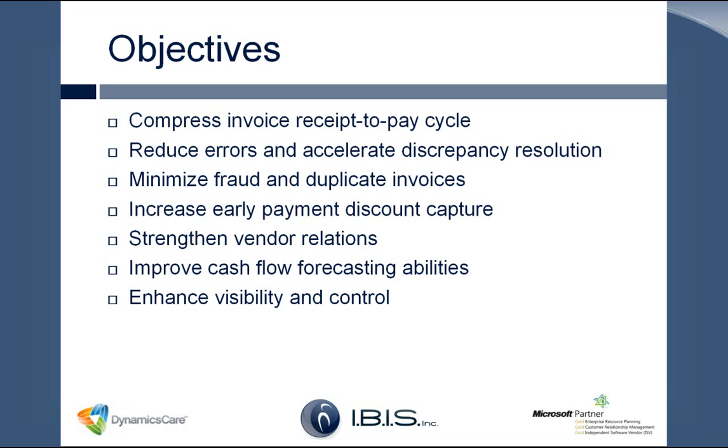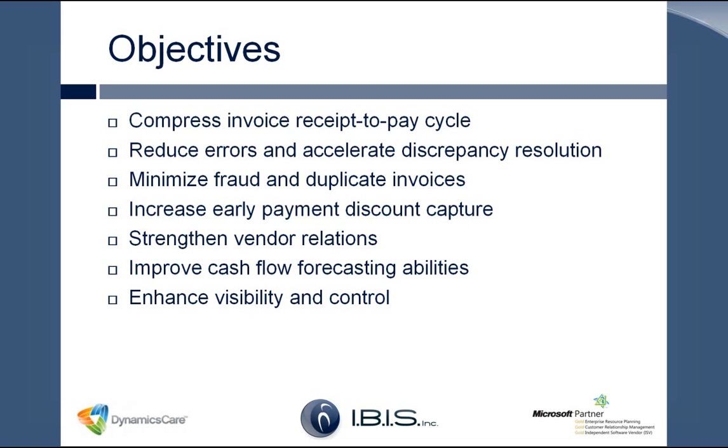In addition, you have access to being able to tap into early payment discounts, strengthening vendor relationships, improving cash flow, and enhancing visibility and control. So if you look at the two final ones, manual processes don't allow visibility into the total amount outstanding that those invoices represent.